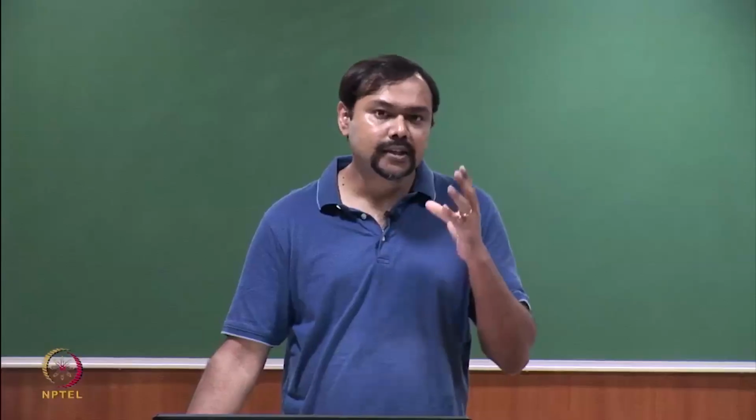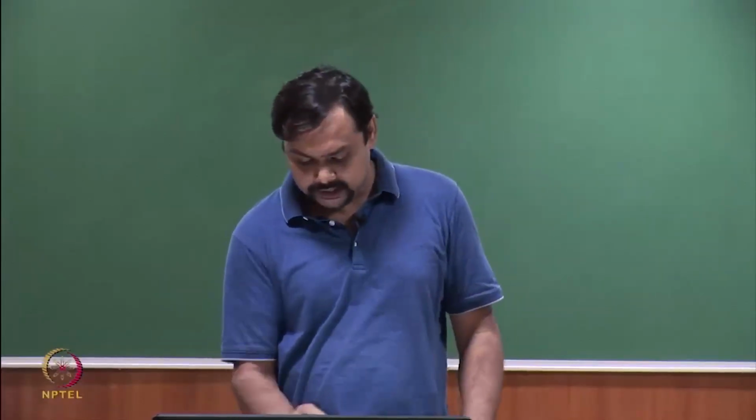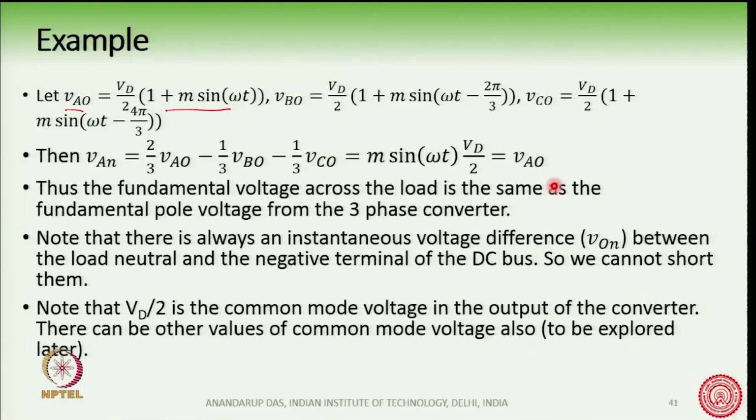The load will only see a pure AC voltage, and that we can see here: VAN is equal to VAO without the Vd by 2. The DC part, the Vd by 2, vanishes.